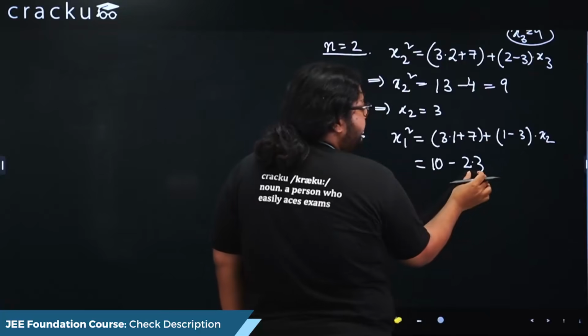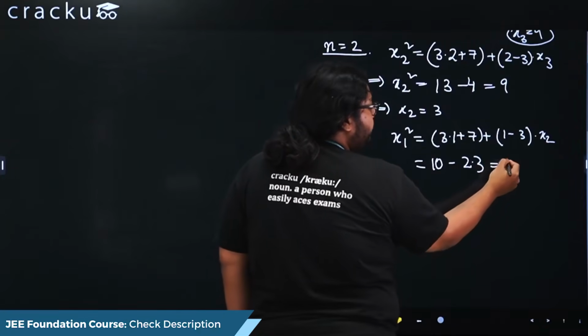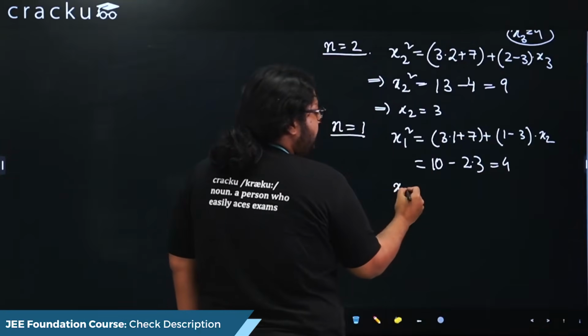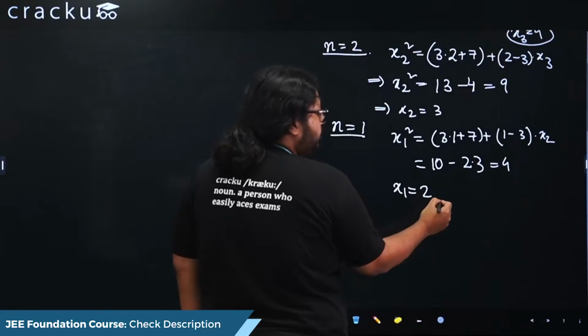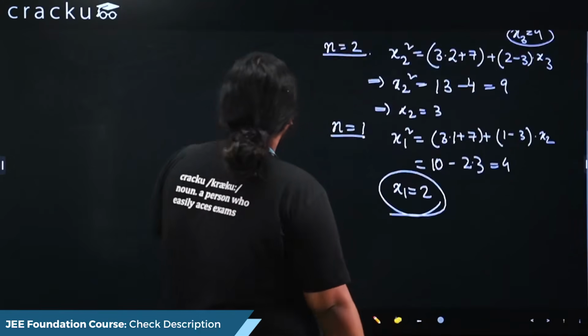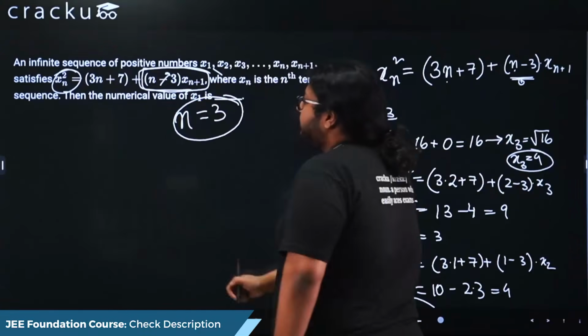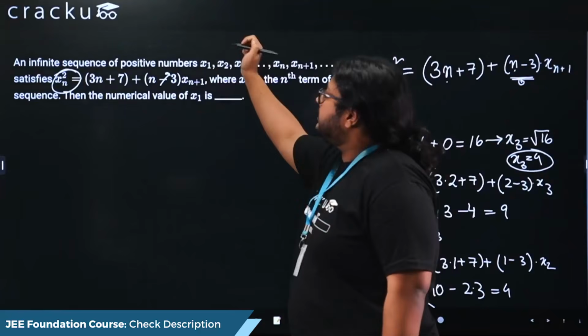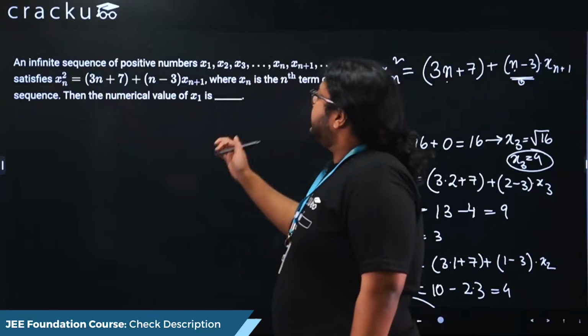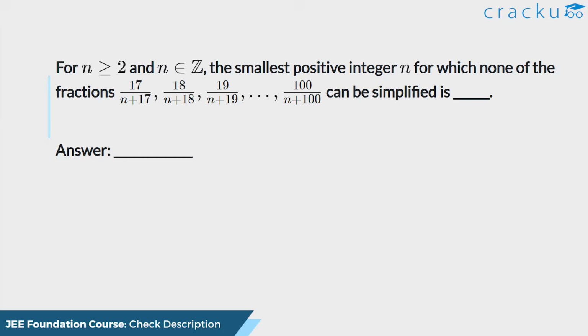So 10 minus 3 into 2, 6. So this is 4. So x1 is 2. They want us to find the value of x1 and the answer for this is x1 equals 2.